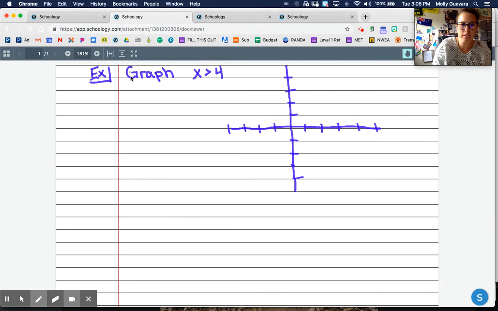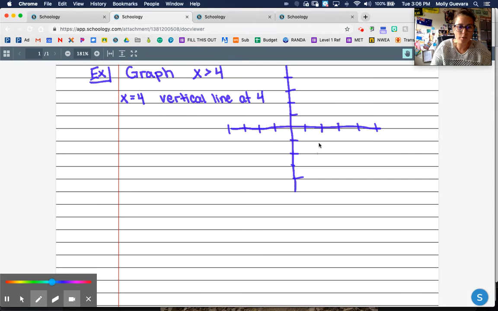Where do I draw it? So hopefully we recognize that since there's no y, if this was an equation with an equal sign, it would just be a vertical line at 4. So it's still going to be a vertical line at 4. The only difference is now it's going to be a dashed line because x is greater than 4. So I just have a dashed line at 4.